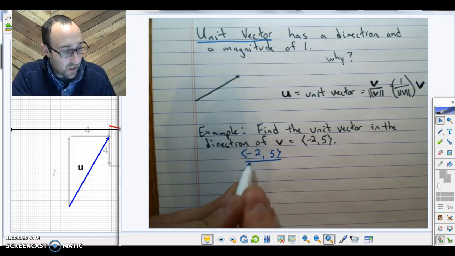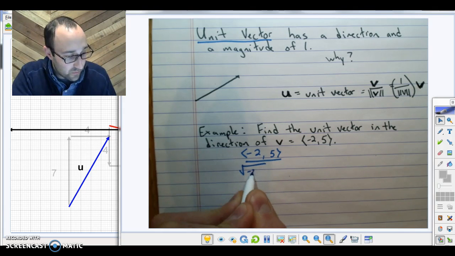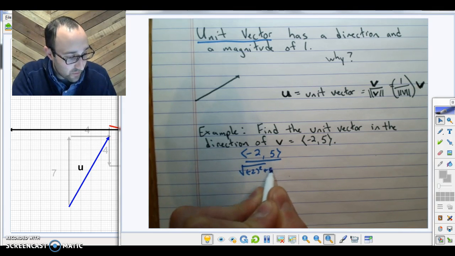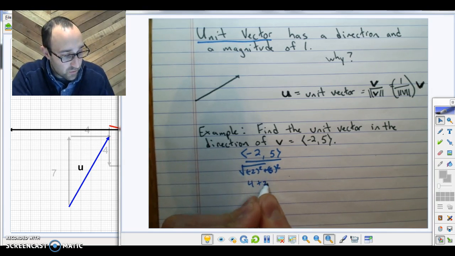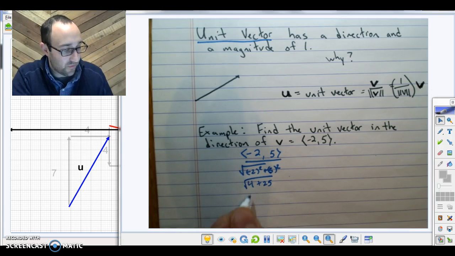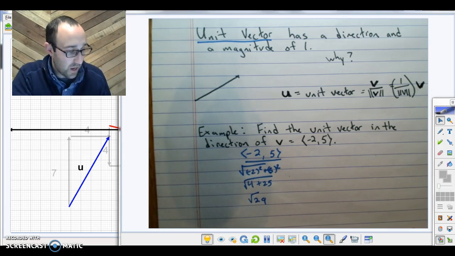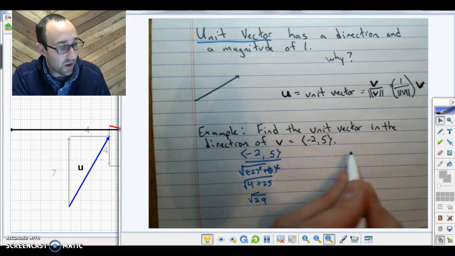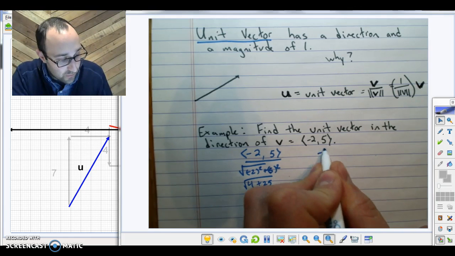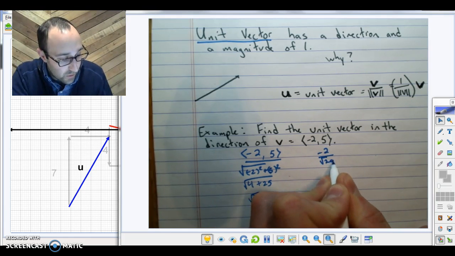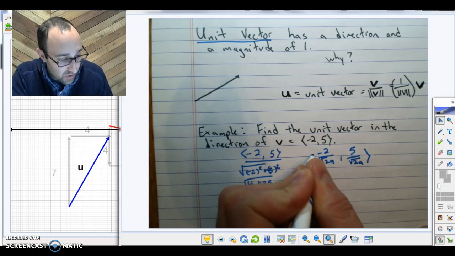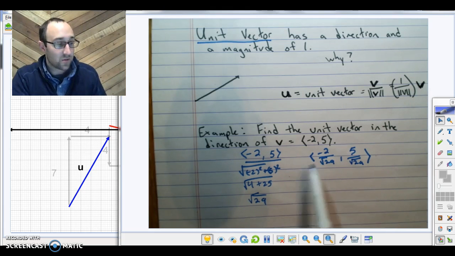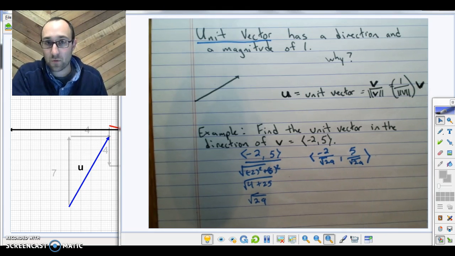The magnitude is the square root of -2 squared plus 5 squared. -2 squared is 4, 5 squared is 25, so the square root of 4 plus 25 is the square root of 29. I can't reduce that; it's as reduced as it can be. So my unit vector is <-2 over the square root of 29, 5 over the square root of 29>. Keep my pointy brackets, and that is it. That would be the unit vector in this direction.